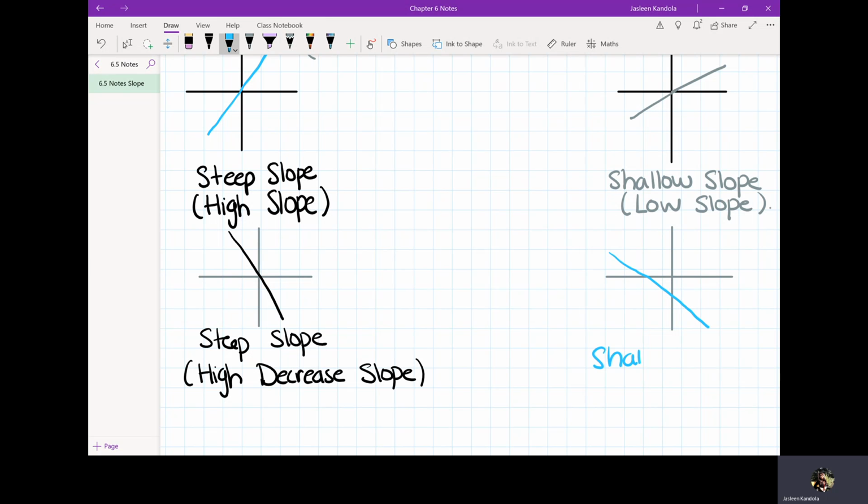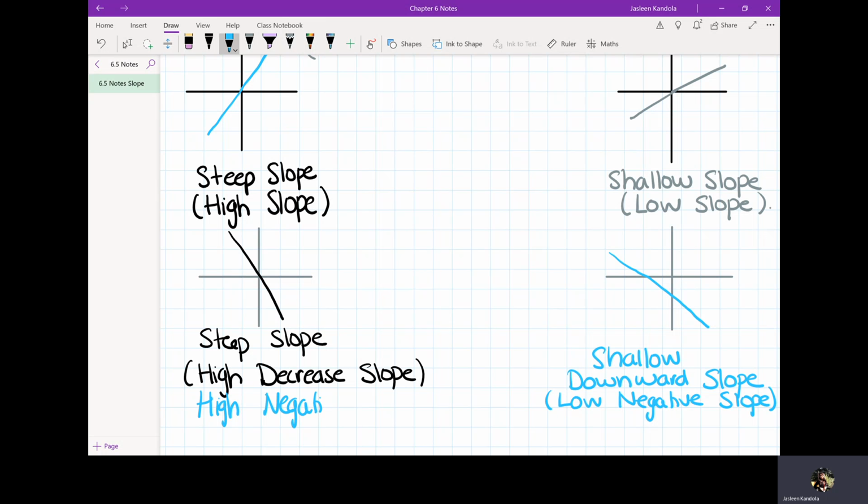So we would say shallow downward slope. So it's a low negative slope. And this graph here is also a high negative slope. So instead of decrease, we can say high negative slope.